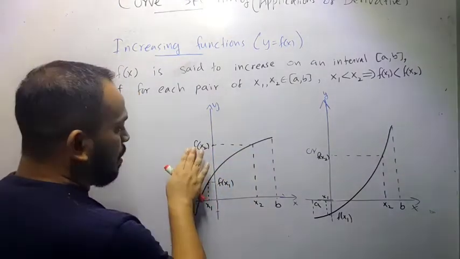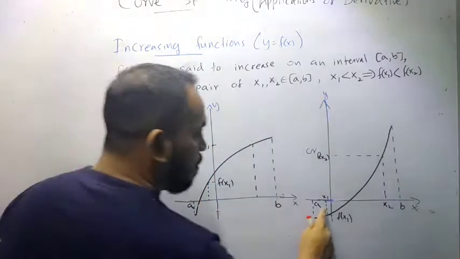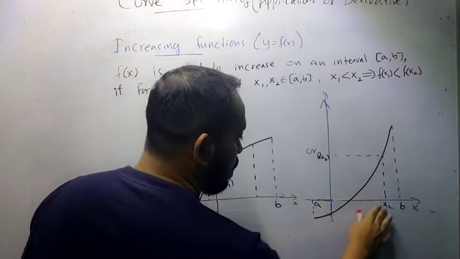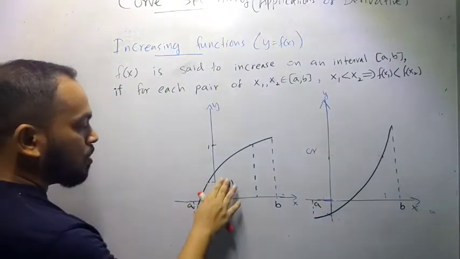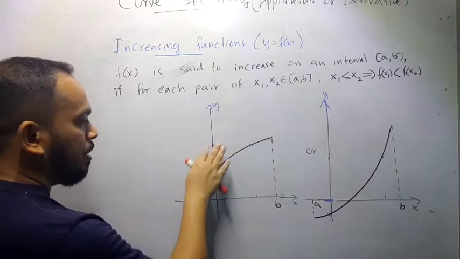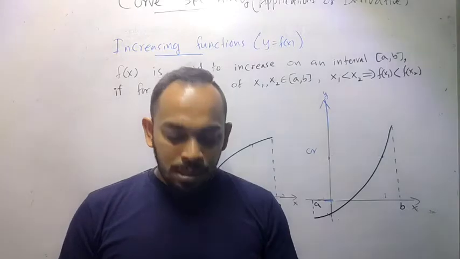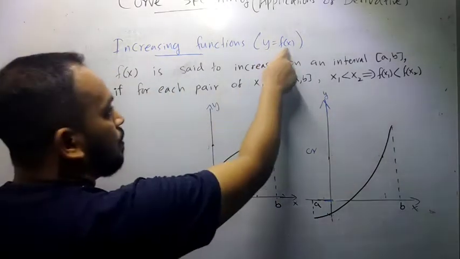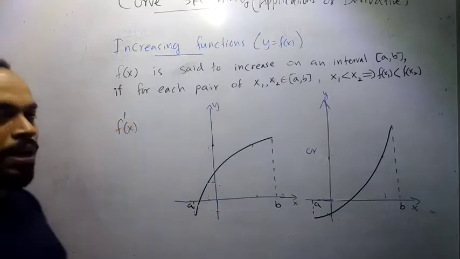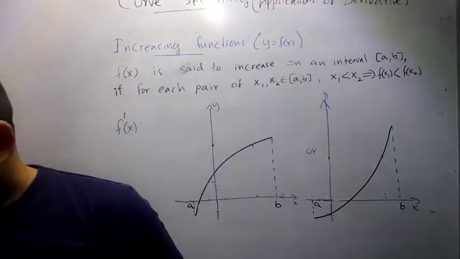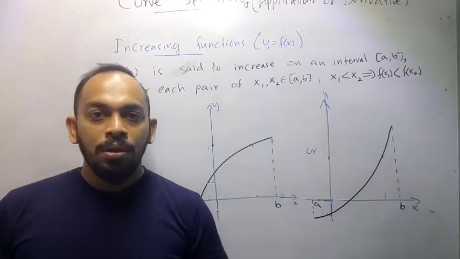Now here's the thing, let me just erase this for a moment. What is the meaning of the differential coefficient? Suppose this is our y equals f of x, then what does f dash of x represent? f dash of x represents the gradient of the tangent line at any given point on the function.